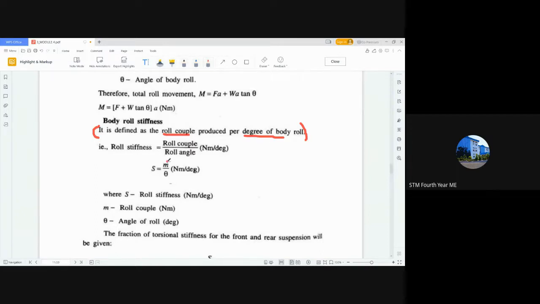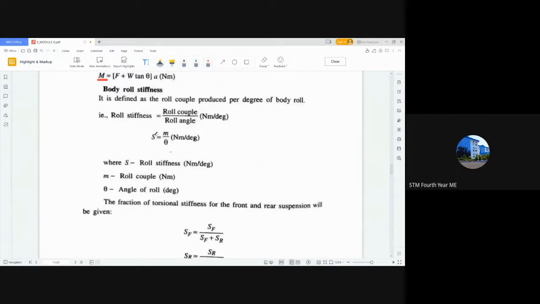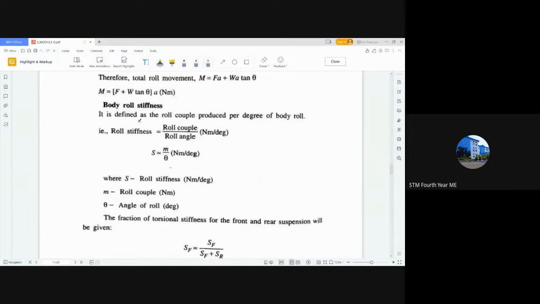We have already found out roll couple, and roll couple was the moment that we have found out here. That is also the M shown here, so we can write down S is equal to, roll stiffness is denoted by S, and S is equal to M by theta.